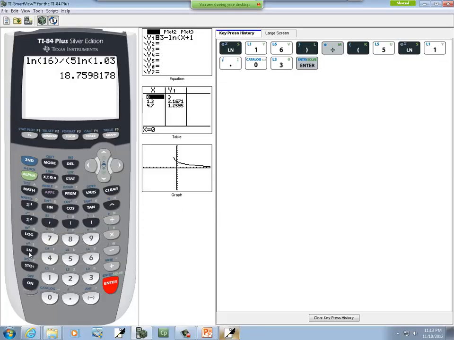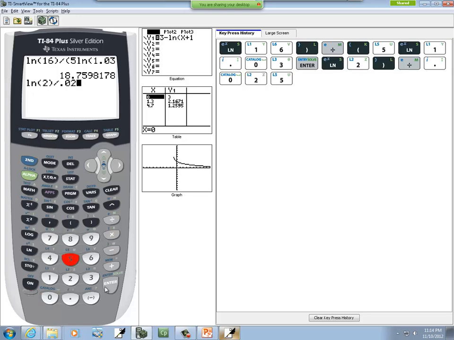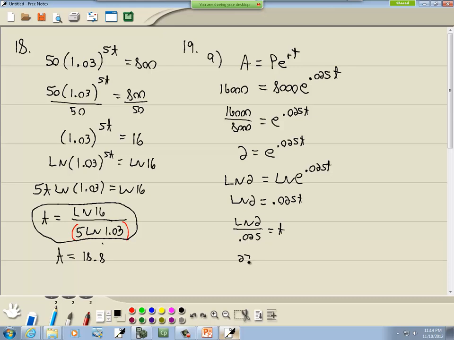Okay, so we have natural log of 2, closing parenthesis, divided by 0.025, 27.7 years would be our answer for part A.